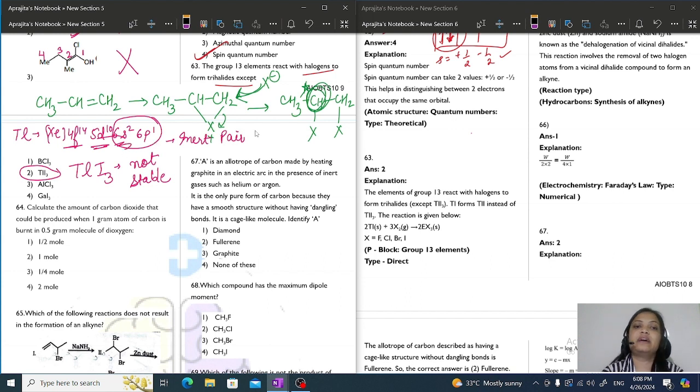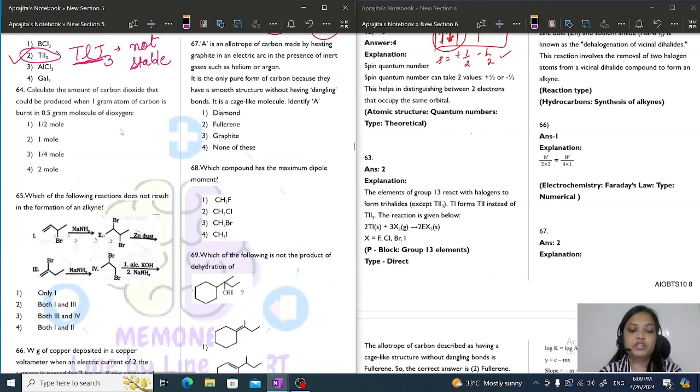So the stable oxidation state of thallium is Tl plus 1, not plus 3. This one won't be possible. It is not stable because of the inert pair effect; the 6s electrons are not participating. That is why TlI3 is not a stable compound. Others would be formed. So the answer is option 2.